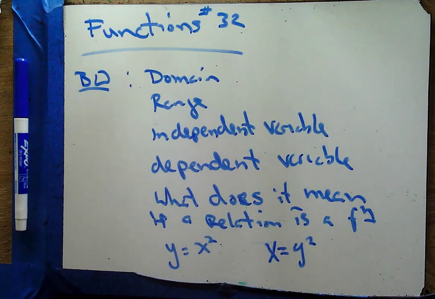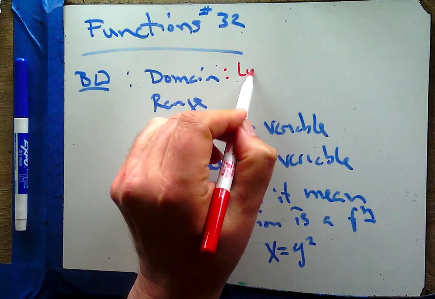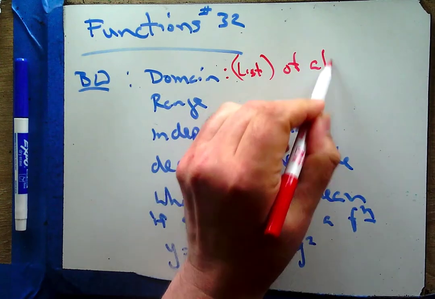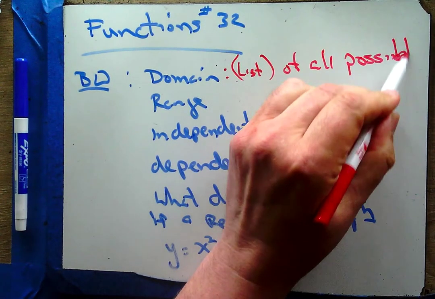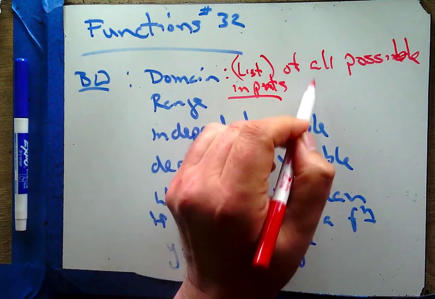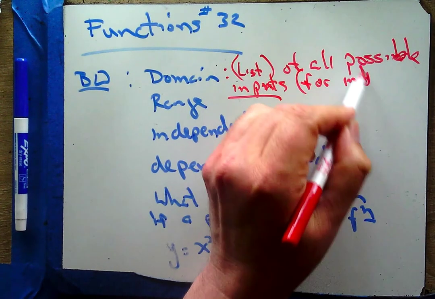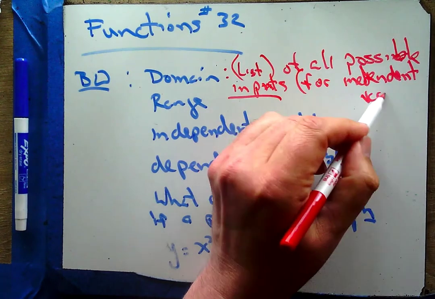Okay, welcome back, everyone. So domain is the list of all possible inputs for the independent variable.